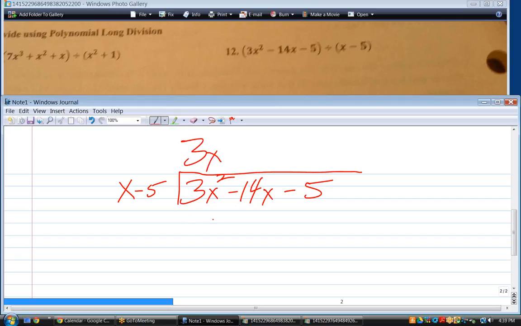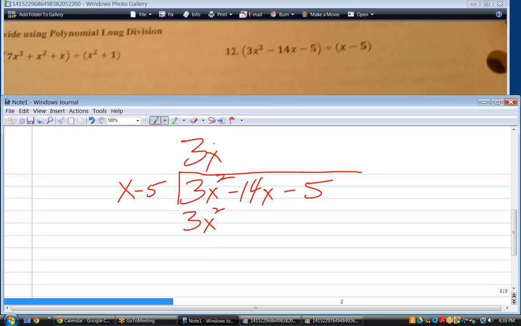I'll multiply it all by, right here, so 3x squared. And what do you multiply to find that? By the 3x.